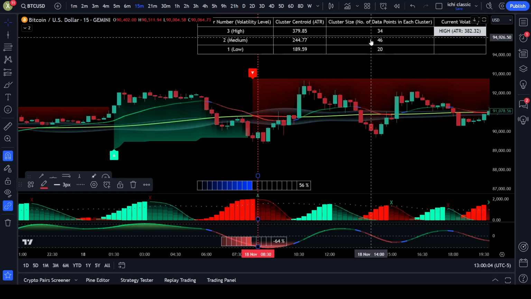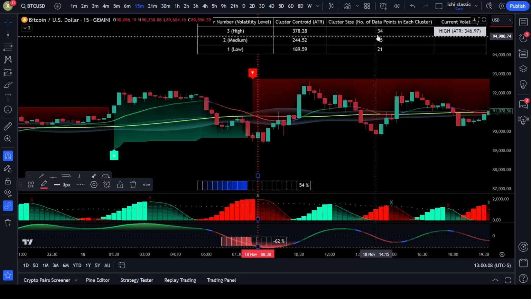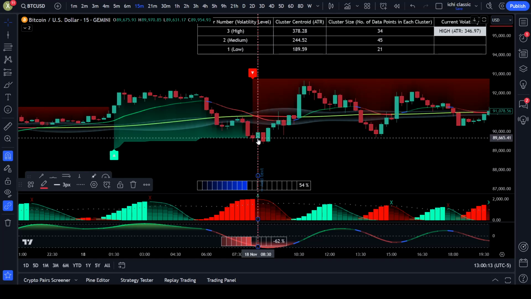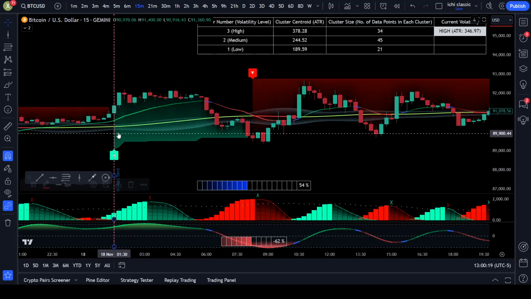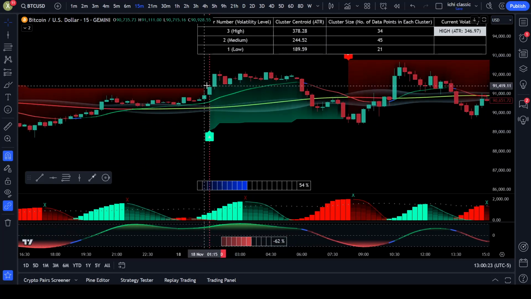Also, you would also look at this volatility levels, that this data is the highest on the level 3, and you would look at the number for this particular candle. So for this particular buy here, it tells you buy at this level.